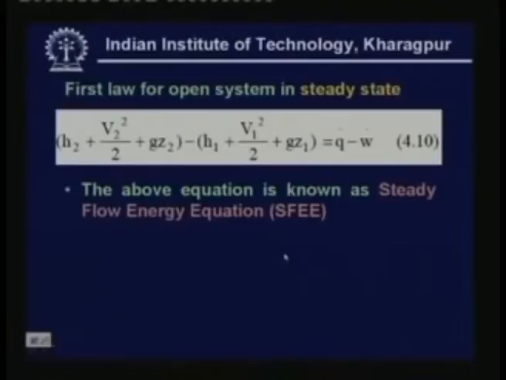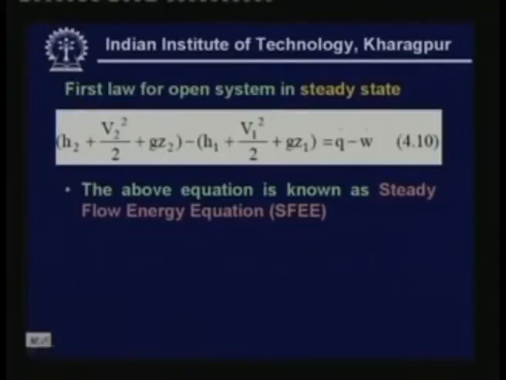If you apply these simplifications, you get the first law for open systems in steady state conditions. Here, on the left hand side you have the net rate at which energy is entering the system because of mass flow, and on the right hand side you have Q dot and W dot.